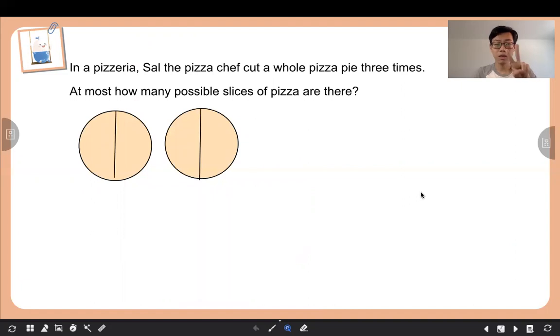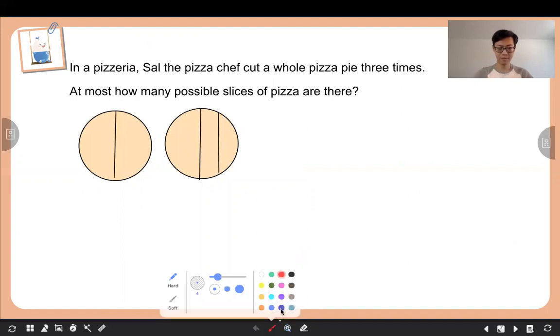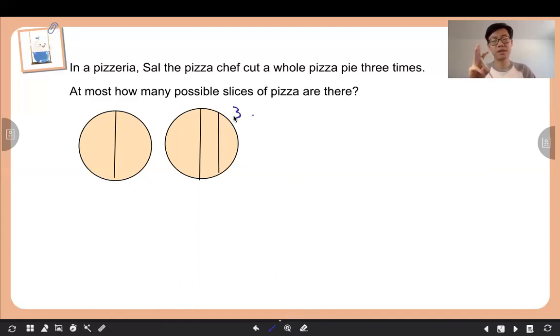1 and 2. Note the 2 slices do not intersect with each other. So how many pieces do we have here? Can anyone tell me? Yes, 3. We have 3 pieces here. But don't forget, I can actually cut it some other way.